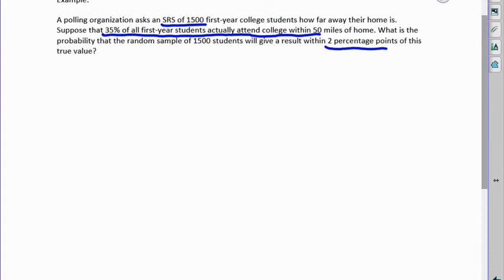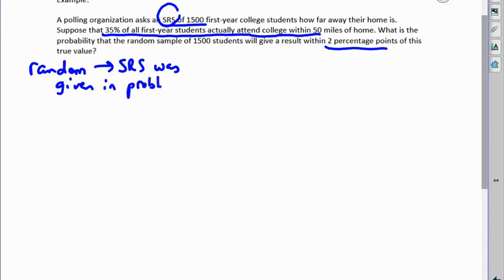So we would start by thinking about our conditions. Is this random? And they said it was SRS, given in the problem. Is this independent? Is n less than or equal to 10% of N?